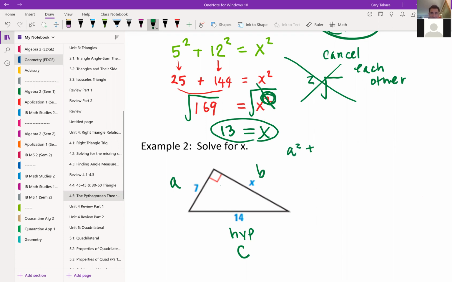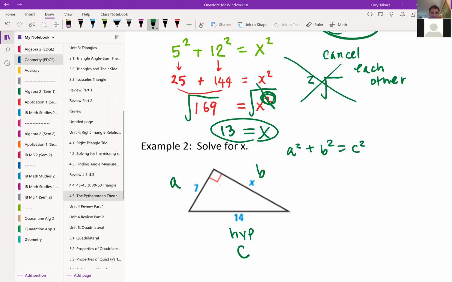Again, the Pythagorean theorem. By the way, Pythagorean comes from the ancient philosopher and mathematician Pythagoras, and that's where the name is coming from.